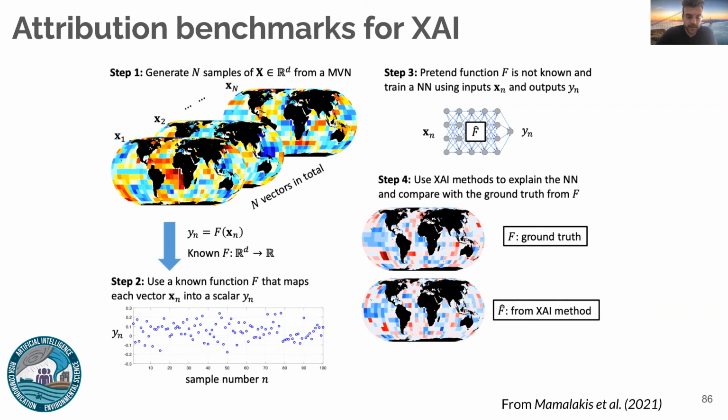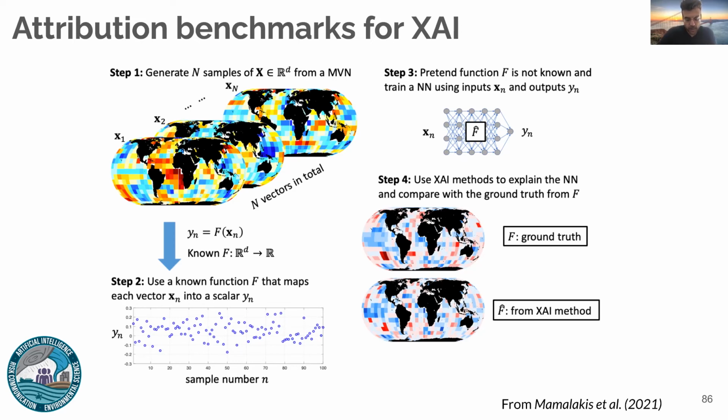It's synthetic, it's random. The second step is that we use a nonlinear function f which outputs a scalar value given the synthetic input. So for each map, we have a scalar value which represents the response to the synthetic input that we created.